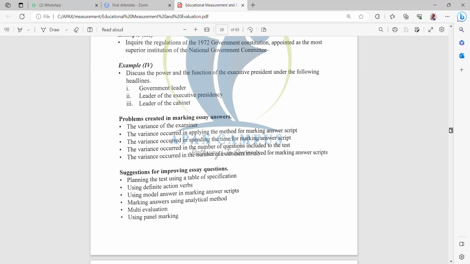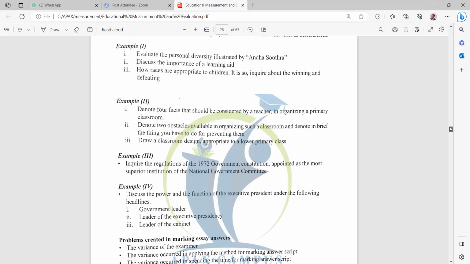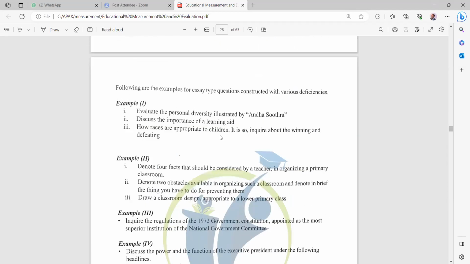I want a question like this, right? You can see so many examples here, but there are small defects. So let's see what you can do. Write a question like this: denote 4 facts that should be considered by a teacher in organizing a primary classroom. Can you write a question like that? You can break information into small parts.